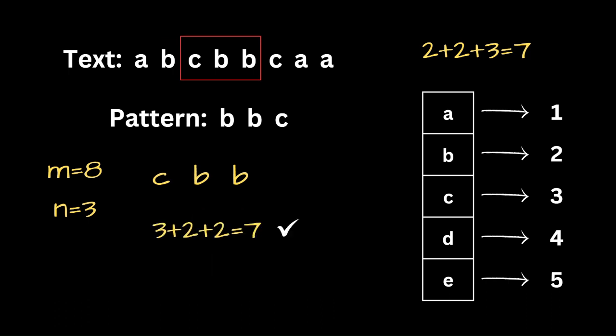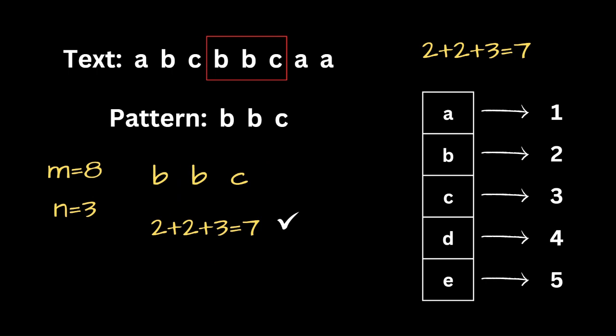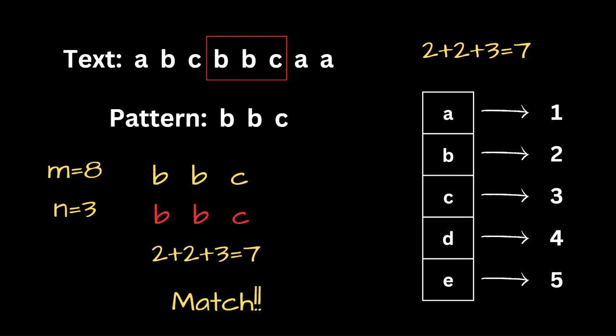So we move on to the next one, CBB. This hash value is also the same as the hash value of the pattern. So we compare every alphabet of the substring to the pattern. This does not match. So we move on to the next one, BBC. The hash values are the same and the alphabets are the same. So this is definitely a match.